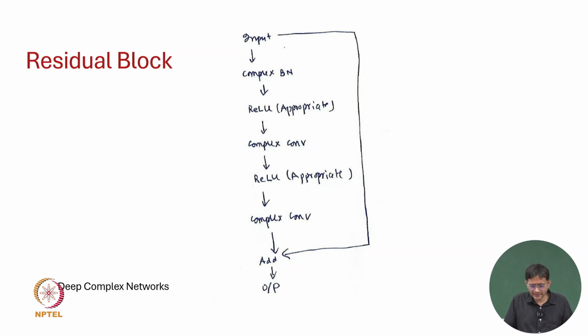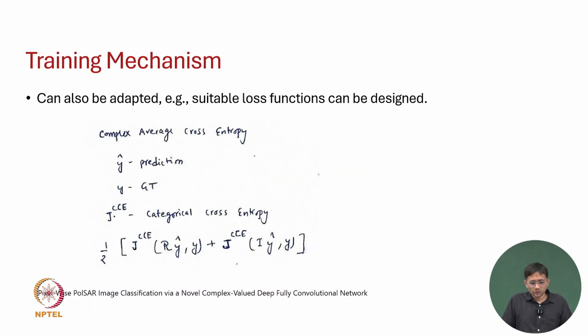So similarly, we can design a residual block in the context of deep complex networks. As you can see, we have multiple complex convolution layers in between, we have complex BN, we have the appropriate complex ReLU, and we have the skip connection that's adding back, right?